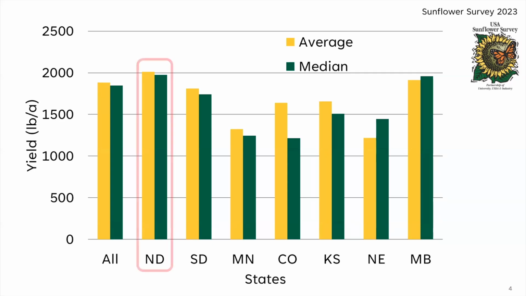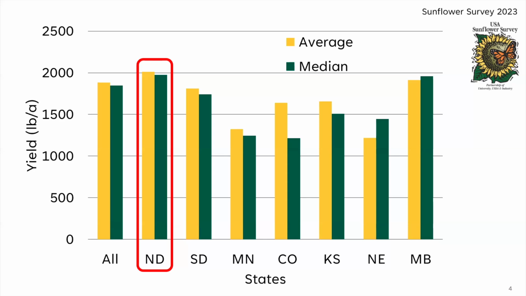So when we're talking about North Dakota, for 2023, the average yield was around 2,000 pounds per acre. When we're talking about an average, and that's why statisticians use other tools as well, it's like taking a picture from a movie.